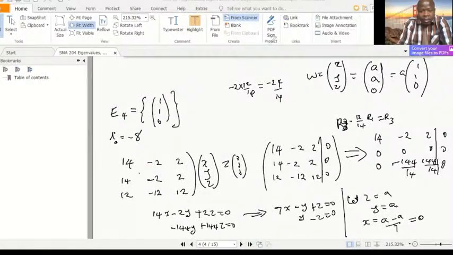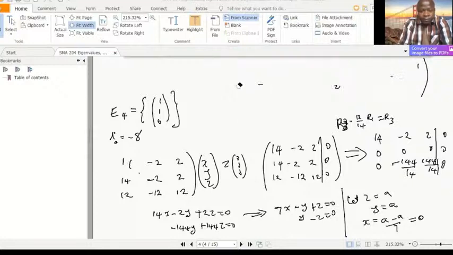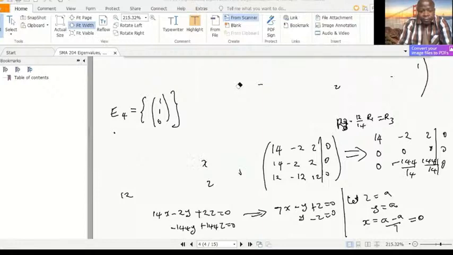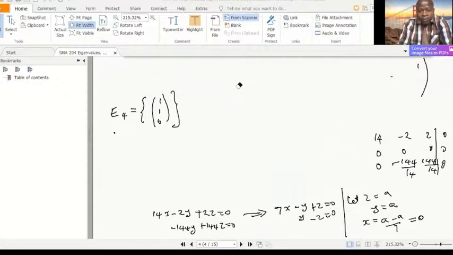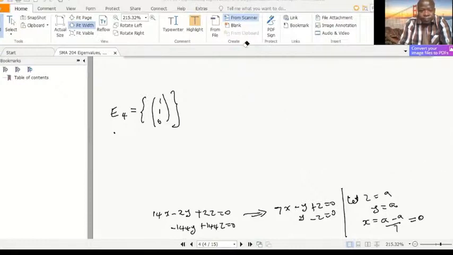So let's now write the eigenvector. Let me just erase some part of this. I think I have enough space now. So, what is W?